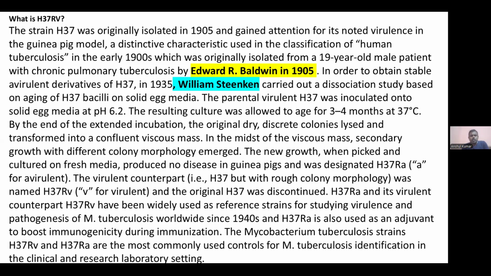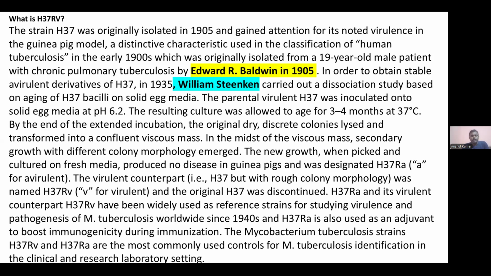The Mycobacterium tuberculosis strains H37Rv and H37Ra are the most commonly used controls for Mycobacterium tuberculosis identification in clinical research laboratory settings. So this is a brief history of the H37Rv, which was used as a reference strain to study the pathogenesis as well as inducing immunogenicity in individuals.